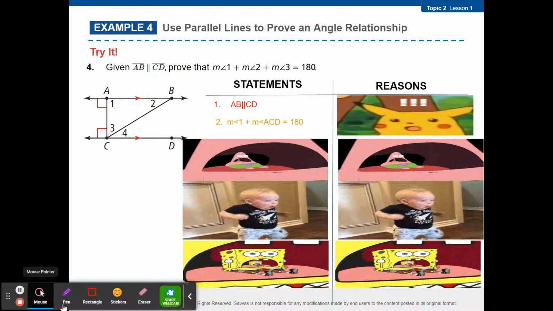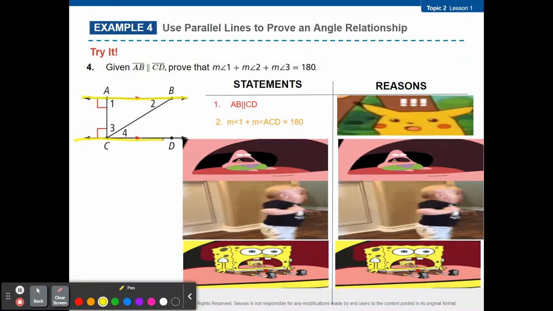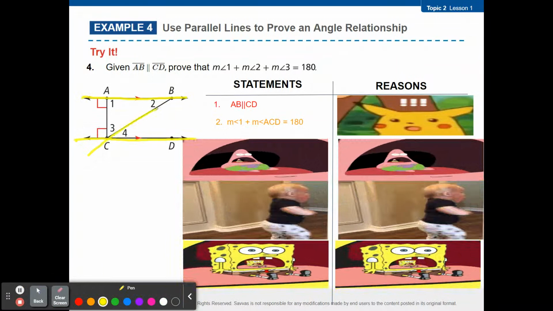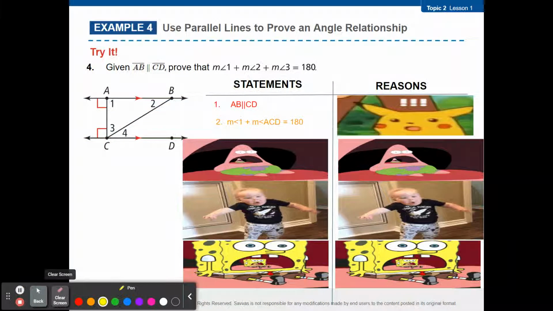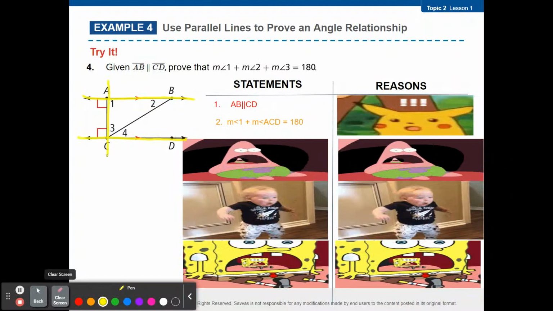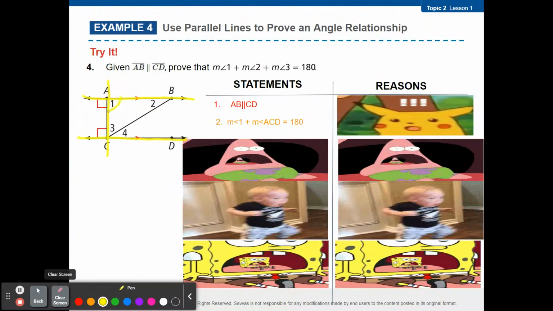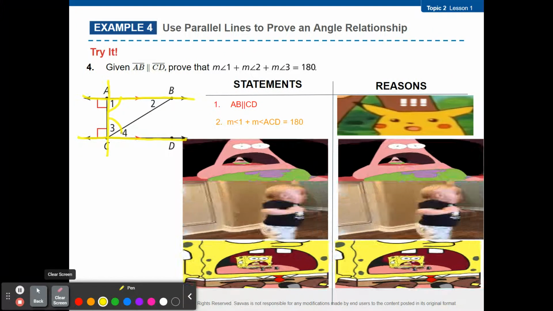Guys, I'm going to highlight this for you a little bit. If you look right here, sorry, wrong transversal. This and this and this is the transversal. You have that and that as same side interior, the whole thing. That's 3 and 4 combined.